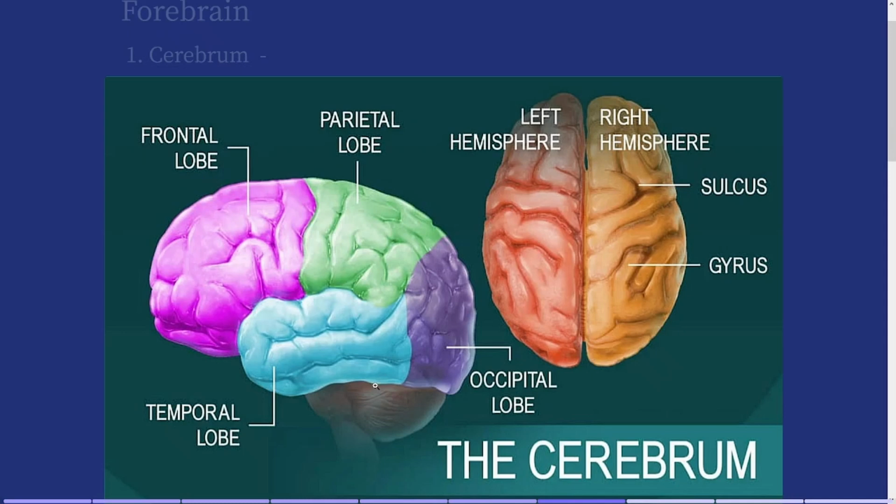As you know, the nerve cells in the CNS are myelinated, and because of that the inner part, which has the myelinated axons of nerve cells, is white in color, and the cell bodies that are superficially present on the outer cortex are grayish in color. That's why the outer cortex of the cerebral hemisphere is grayish in color and the inner part of cerebral hemisphere is white in color.